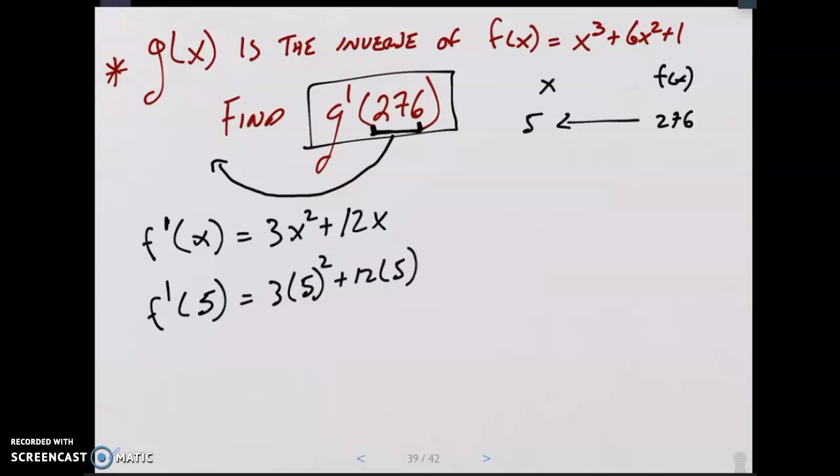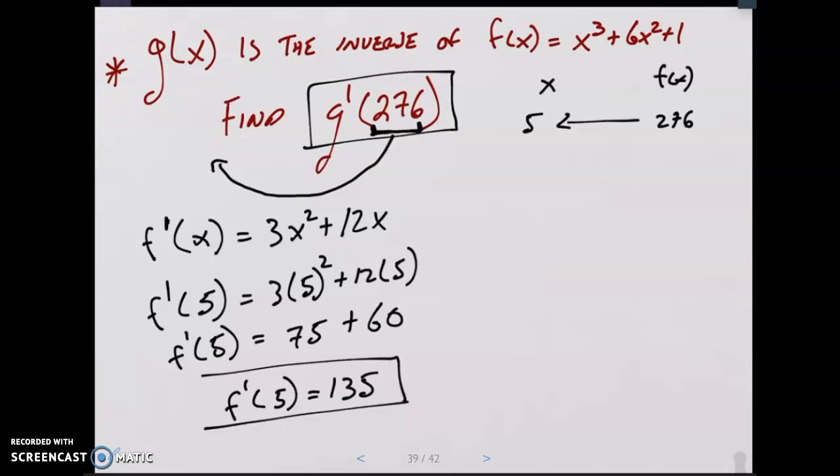So that's going to be 75 plus 60. If you're smart, you can just leave it like that, but that's 135. So F prime of 5 equals 135. So that's all I need right there. I found F prime of 5.